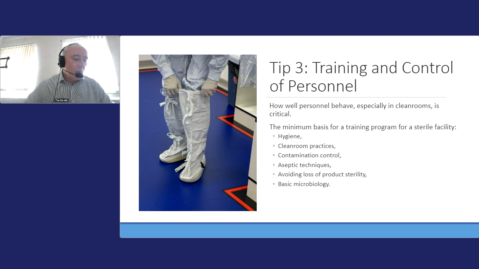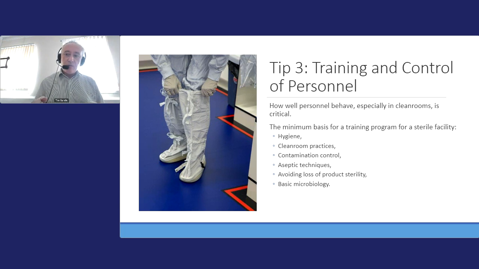Okay, so let's move on to the third area. And our third area is to do with training and the control of people. So effective training, laying out, especially for people who've not worked in the pharmaceutical sector before, what is a clean room? Why is a clean room different to a different environment?